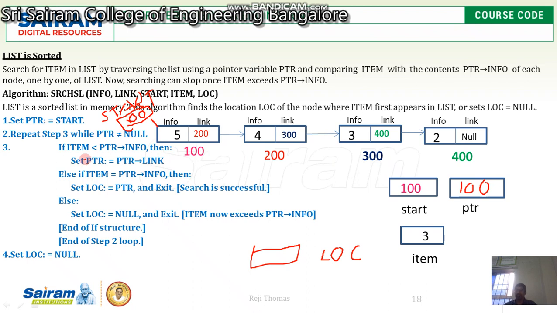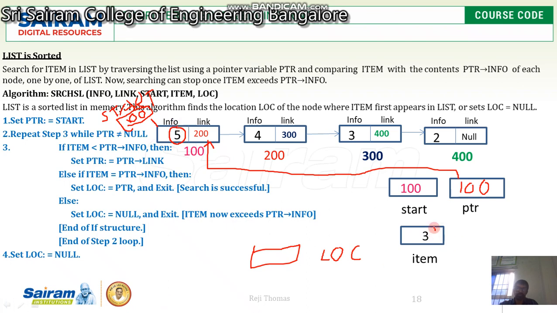Next, if item is less than PTR info. What is PTR? PTR is a pointer to the first node. That means you will get a link from PTR to the given node which has address 100. So what is the info for the given node? It is 5. And what is the item?